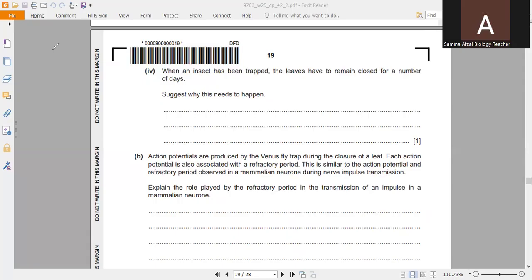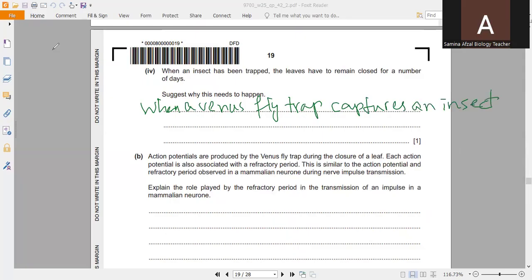So I would like to write that when a Venus flytrap captures an insect, the trapping is only the first step.